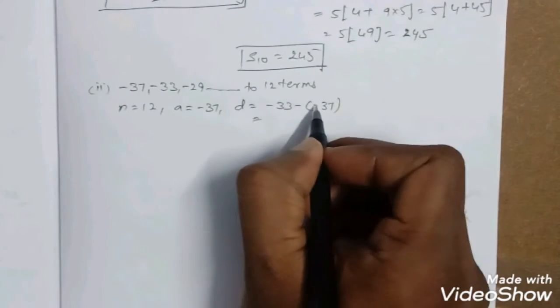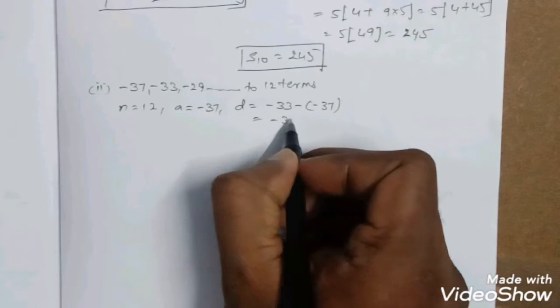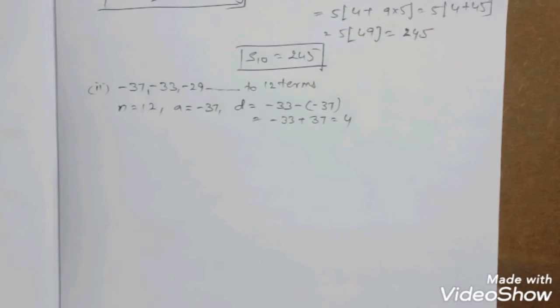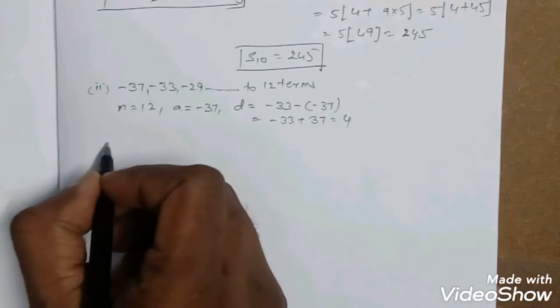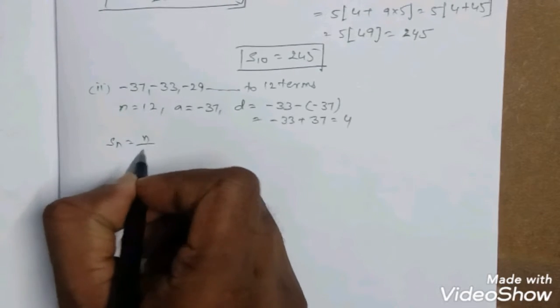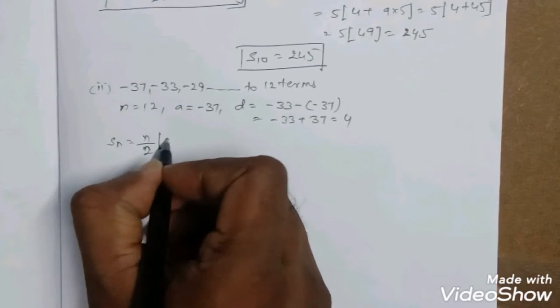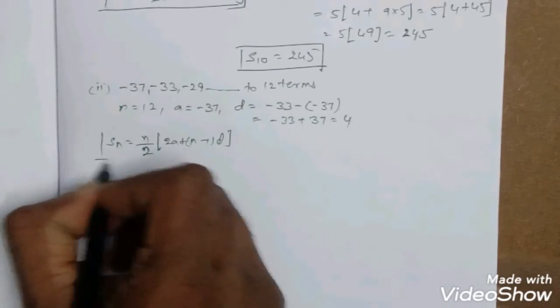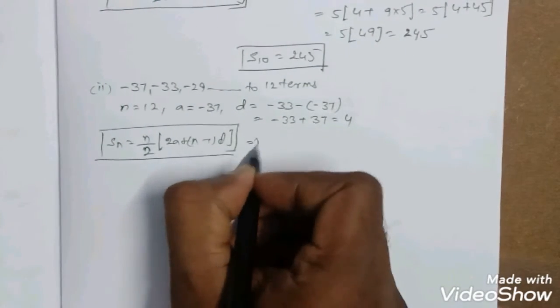So if you multiply this minus, you will get minus 33 plus 37, so your difference is 4. So after getting all this value, then you substitute in your formula. Sn is equal to n by 2 into 2a plus n minus 1 into d. Right, now use this formula and find the value.